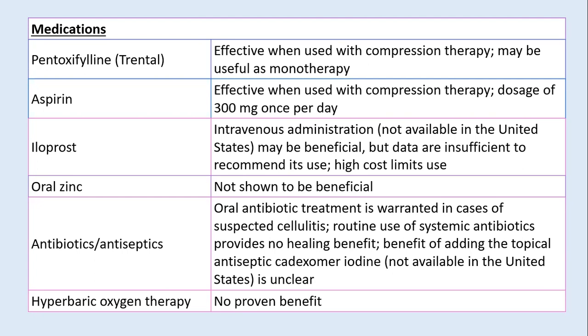Oral antibiotic is used in case of secondary wound infection or cellulitis, but routine use of systemic antibiotics in an ulcer that seems to be non-infectious has no healing benefit. There is a benefit of adding topical antiseptic iodine or povidone, or topical antibiotic ointments. Hyperbaric oxygen therapy has no proven benefit.